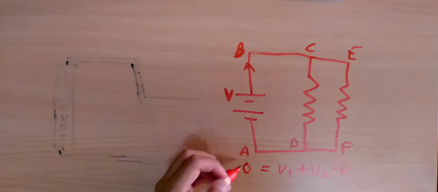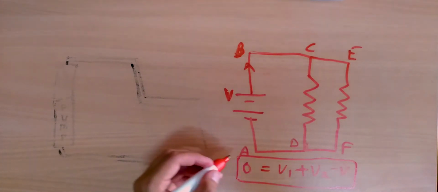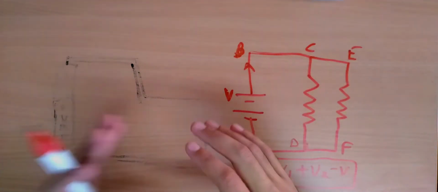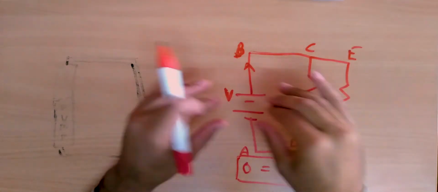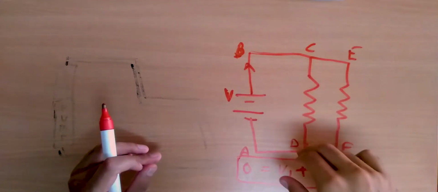So we can write that in the form of an equation. But the logic behind it is that if some amount of charge gains some amount of potential energy here or anywhere, it has to lose that same amount of potential energy in the remaining circuit.